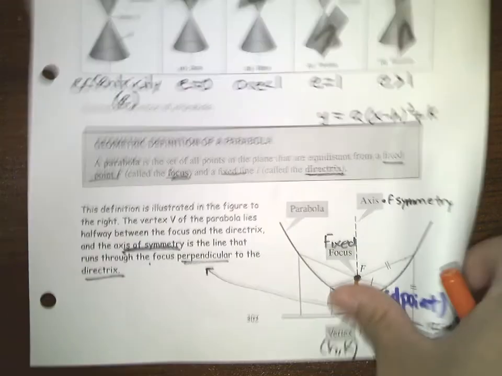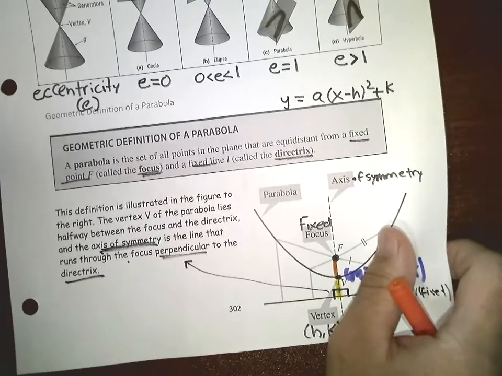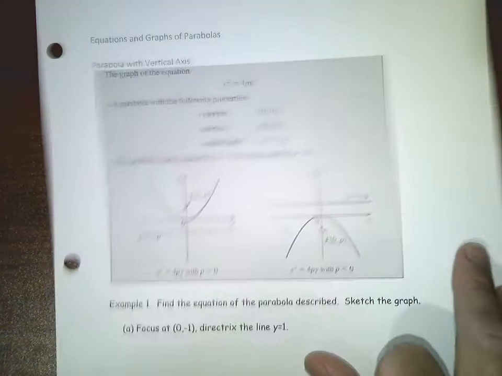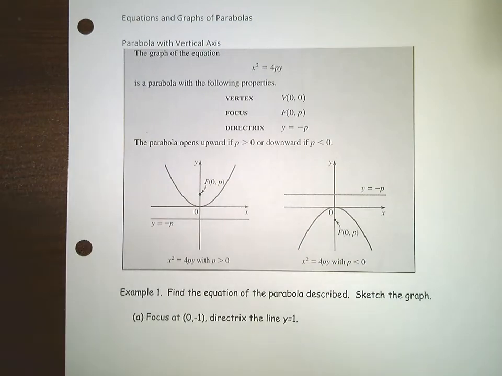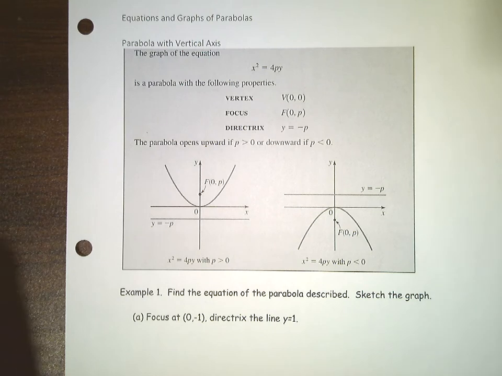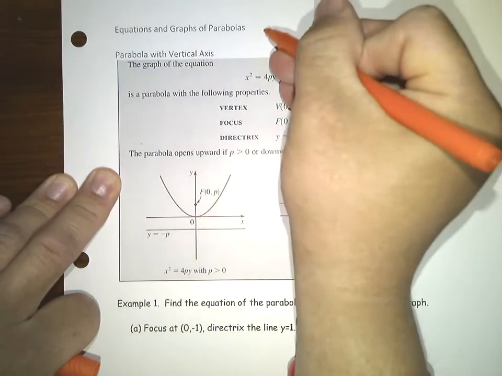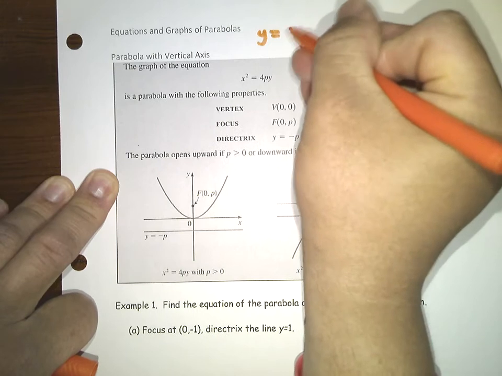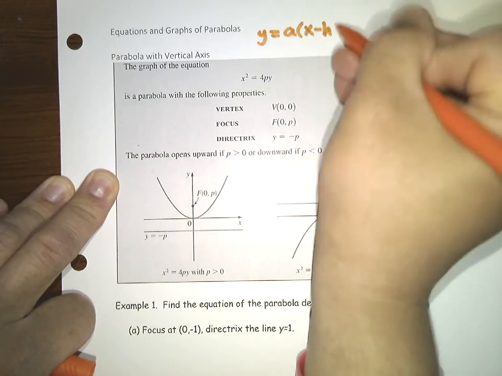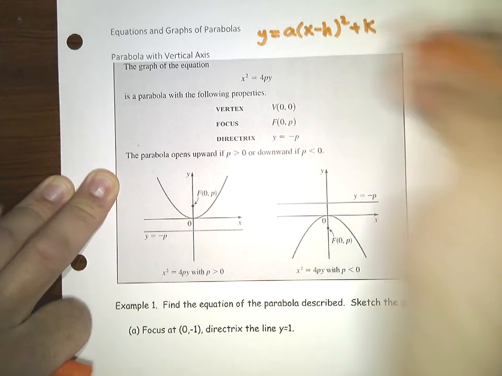Again, if you have any questions, please feel free to ask. But right now, I just want to talk to you about this page right here. Remember, the equations for a parabola that we've dealt with before have been of the form y equals a times (x minus h) squared plus k.